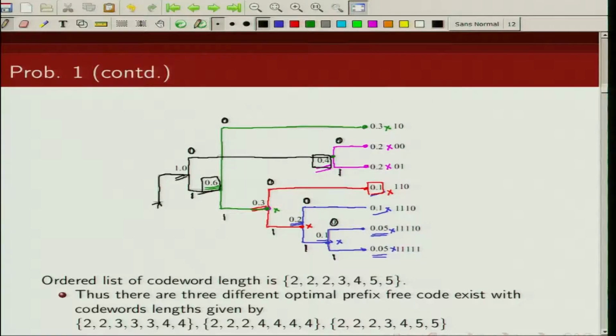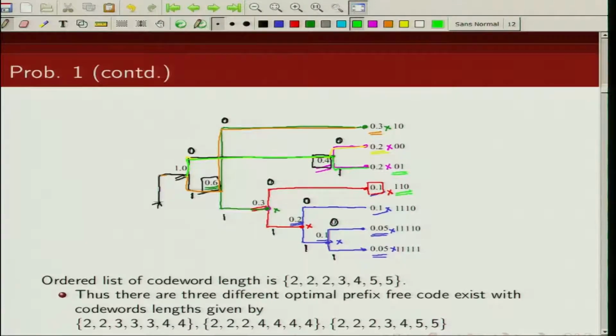Now you can see the code word for this is 1, 0. The code word for this particular symbol is 0, 0. The code word for this is 0, 1.